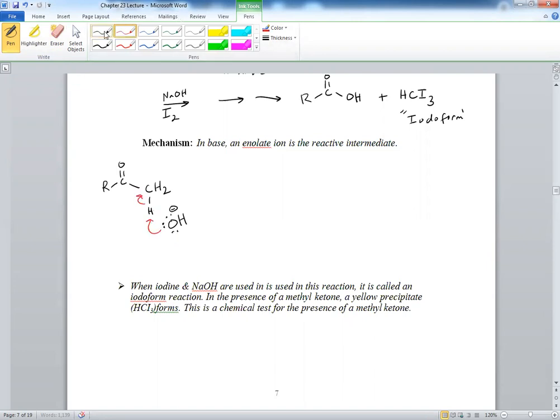Okay, so you form the enolate here. Once again, this could be the double bond here as well. That works as well. Remember, this is the better form.